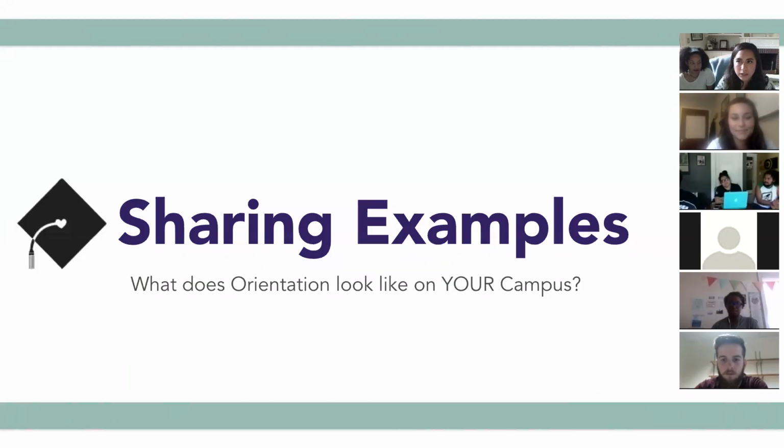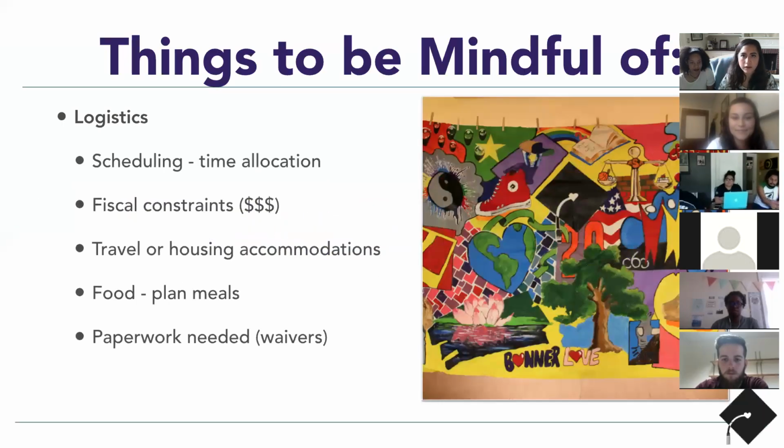Does anyone have any questions so far about everything? Okay. Cool. So just some things to be mindful of while you're planning orientation. You need to make sure that you're taking into consideration the logistical time constraints that you're giving yourself.